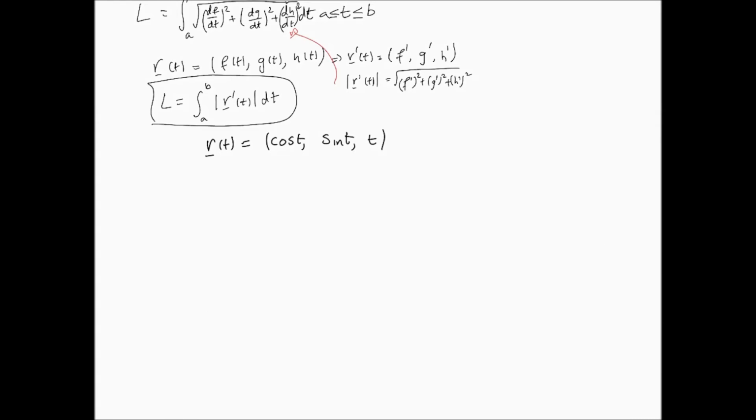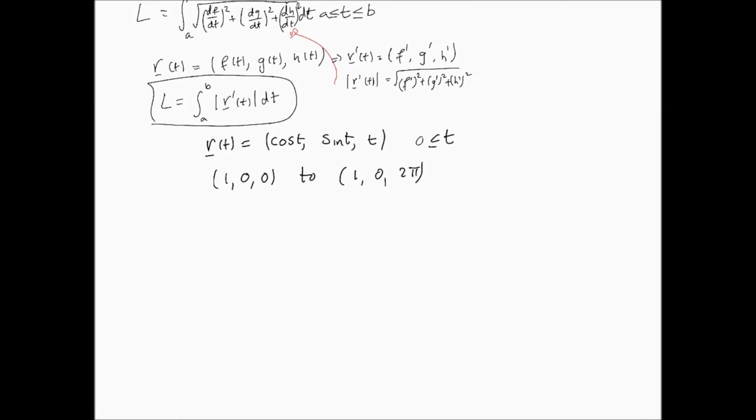Let's look at, as an example, the helix again, (cos t, sin t, t), and let's say we are looking at the curve from the point (1, 0, 0) to let's say (1, 0, 2π). So one of the things you need to do in this case is figure out the range of values of t.